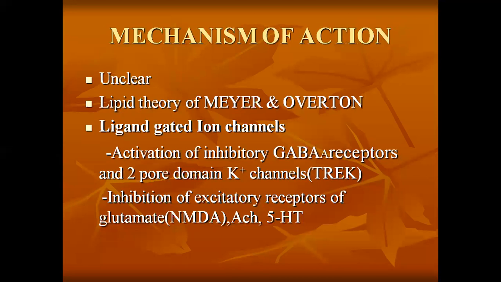So, coming to the mechanism of action of the general anesthetics. Although the general anesthetics are capable of depressing all the functional elements of the CNS, including the spinal cord, their clinical effects may vary depending on their chemical structure and their ability to localize within the central nervous system and interact with the target sites.